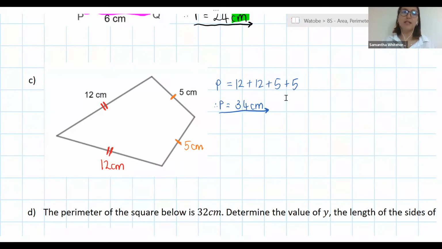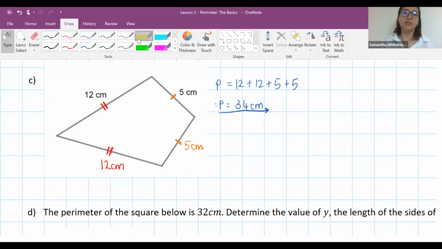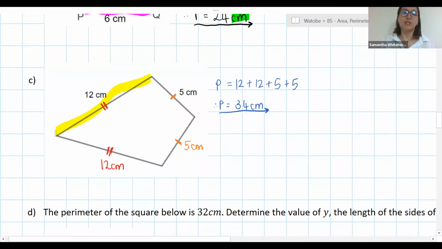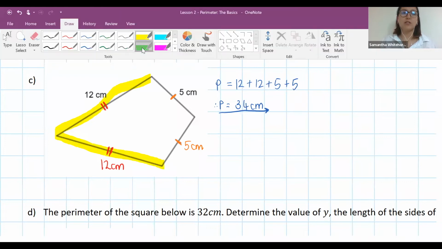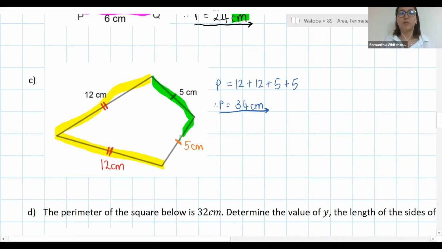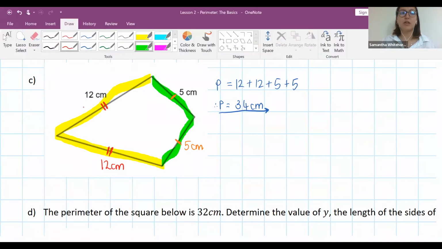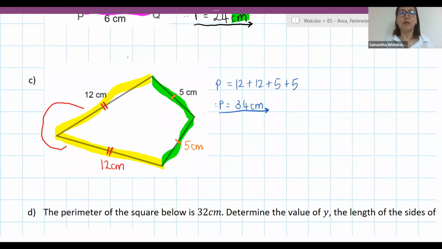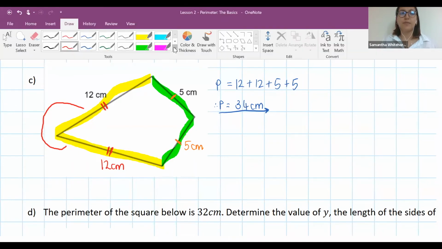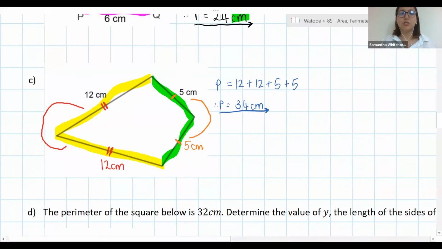I know it's a kite because one of the defining characteristics of a kite is that adjacent sides are equal in length, and those adjacent sides are then different. Here we've got the two 12s and the two 5s. Adjacent means they're next to each other. So here the 12s are next to each other, and on the other side, the two 5 centimeters are next to each other. So adjacent sides are equal in length, and this is indeed a kite. Excellent, guys. Well done.